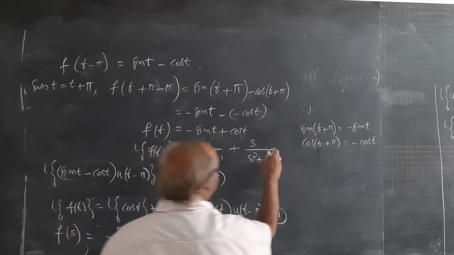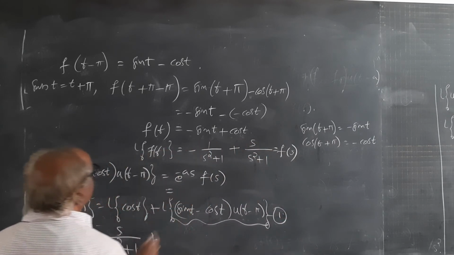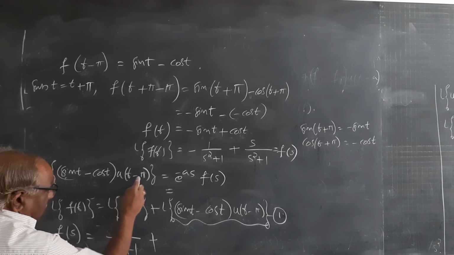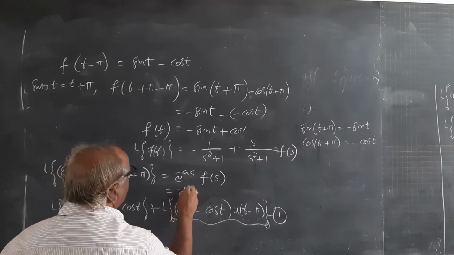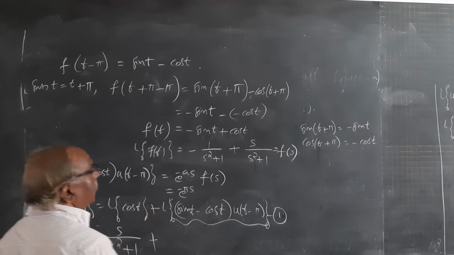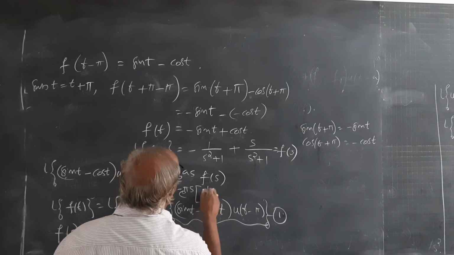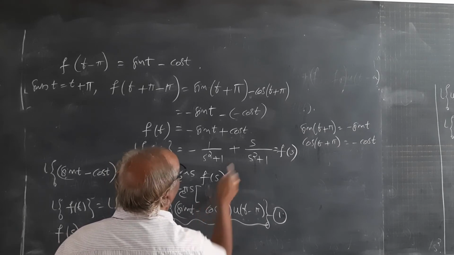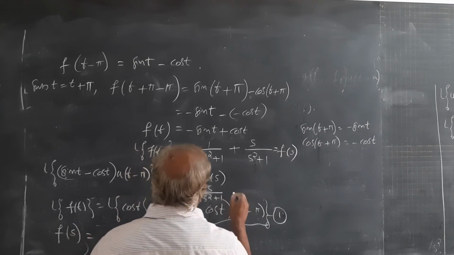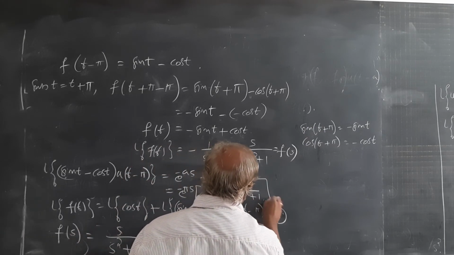Here a is equal to pi, so e to the power minus pi s into F(s). What is F(s)? It is minus 1 by s squared plus 1, plus s by s squared plus 1.